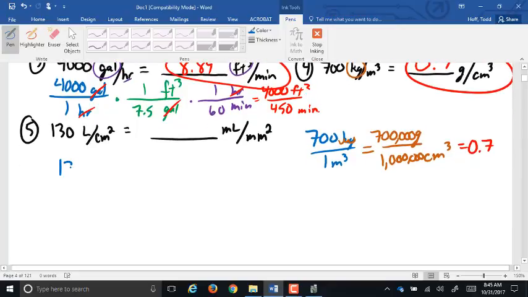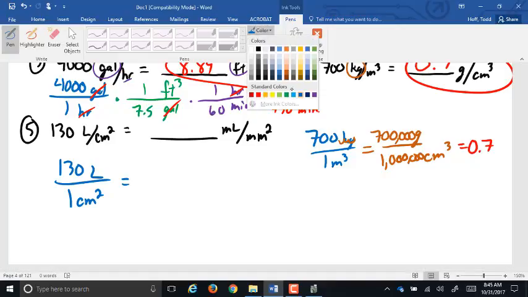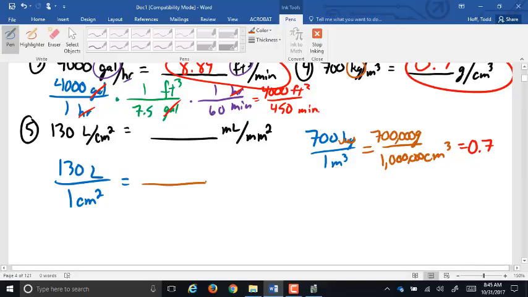Number 5, 130 liters per 1 centimeter squared. We're converting liters into milliliters. 130 liters is how many milliliters? 130,000. 3 spots to the right is correct.